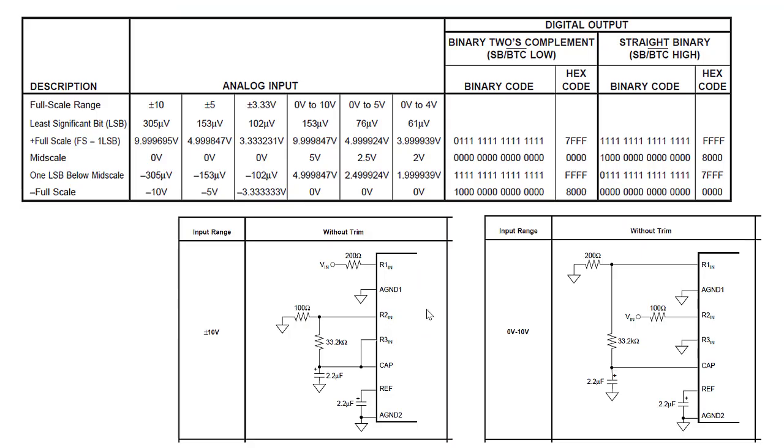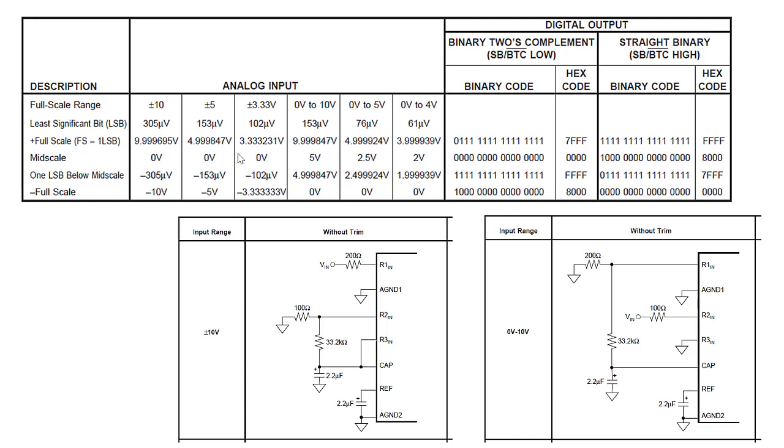If we wanted to connect up in a bipolar way, we would put plus or minus 10 volts from some sensor and connect to VN, with a network of resistors and capacitors connected to the chip in this way. For bipolar, we would want to use binary 2's complement. So we would tie the BTC pin low, and minus 10 volts would be 8000 hex.